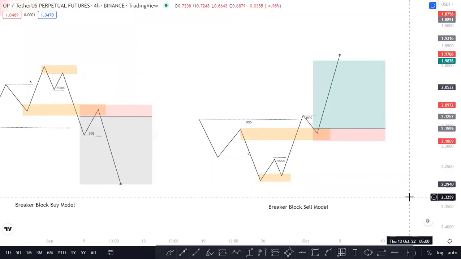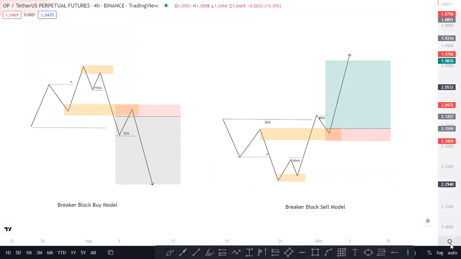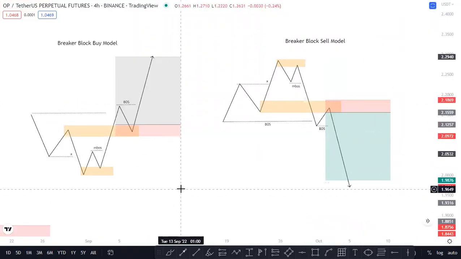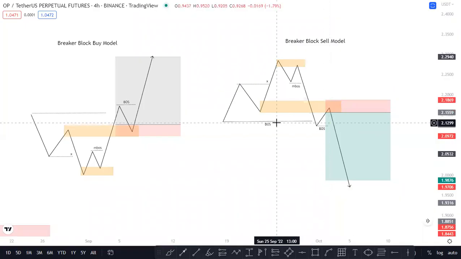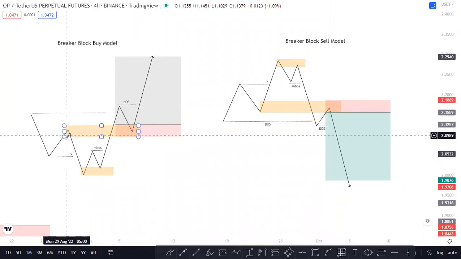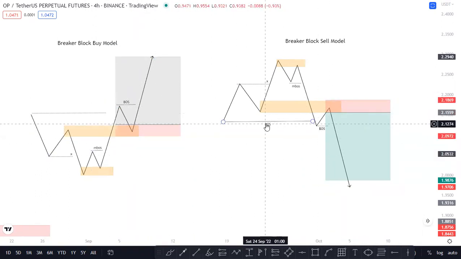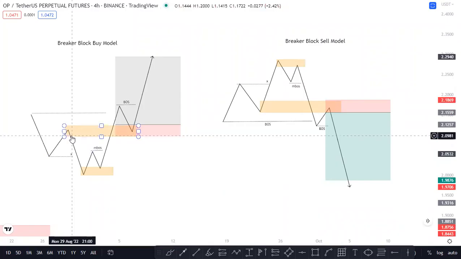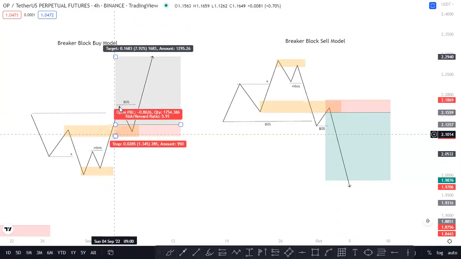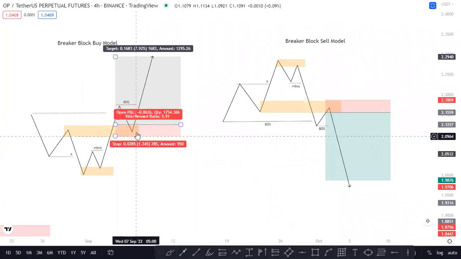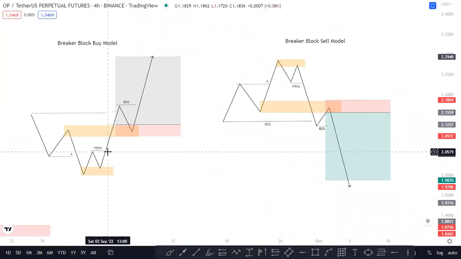Right. So let's look at the charts and see things in the charts. We won't waste time. Breaker blocks, it's not actually hard. You just have to take note of the key points. Price violating a supply zone, right? I'm buying from that supply zone after an impulsive violation, right?